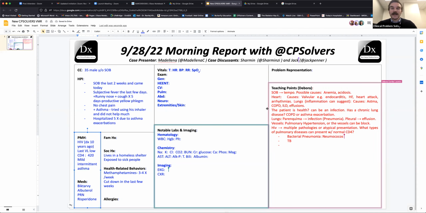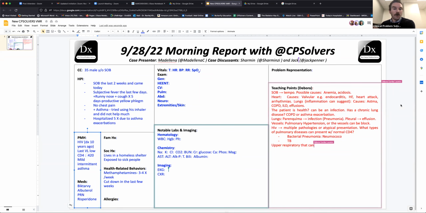And so if we ask ourselves, how does the presence of HIV, even though it is well controlled and there is a normal CD4 count, change the way we might approach this? We'll say the dominant energy is suggestive of an upper respiratory viral infection that is exacerbating some pre-existing lung disease, as Charmine brilliantly walked us through, right? That is where the bulk of our cognitive energy would reasonably go.